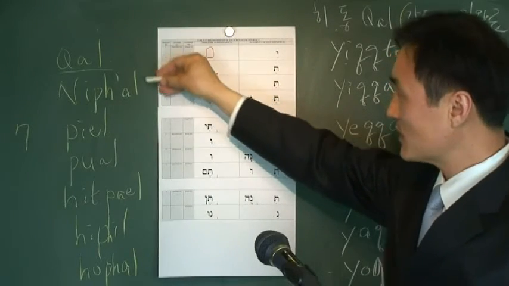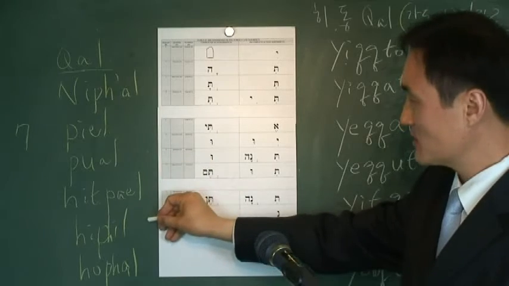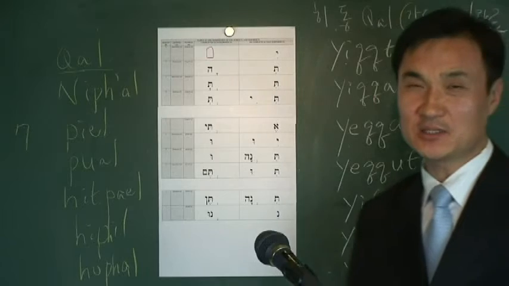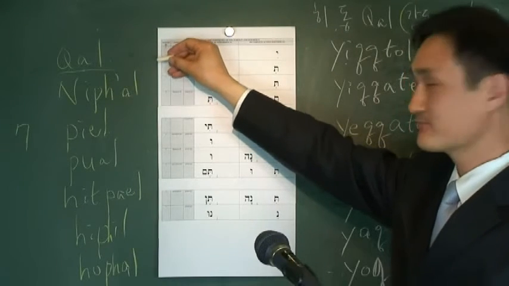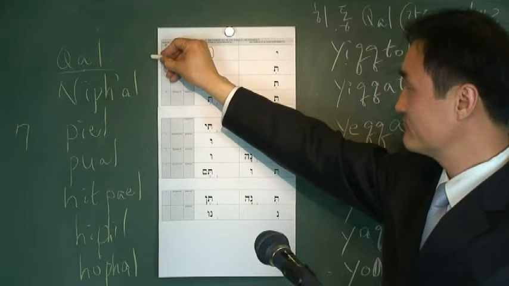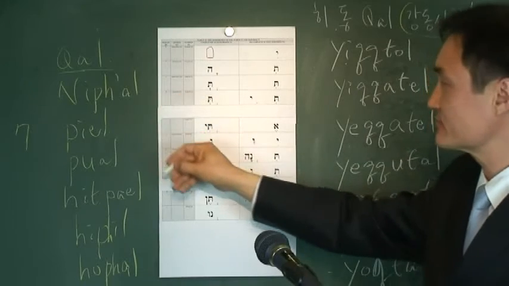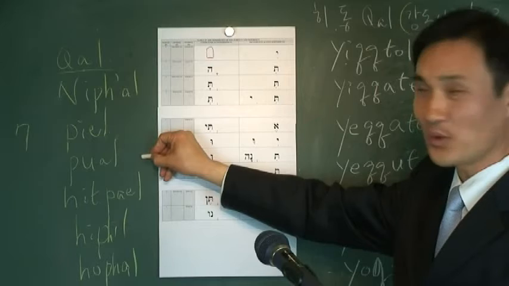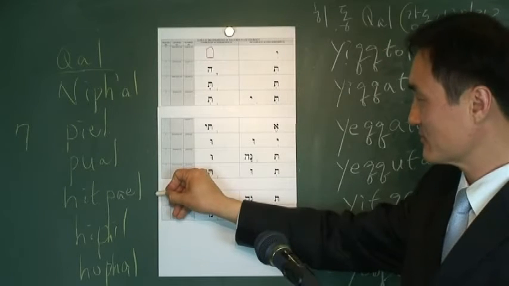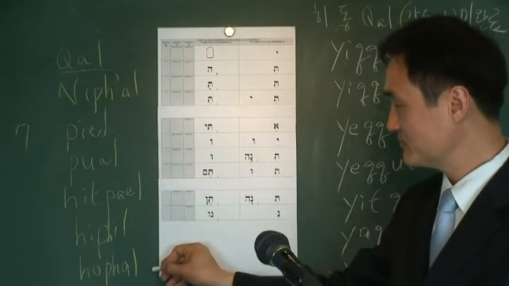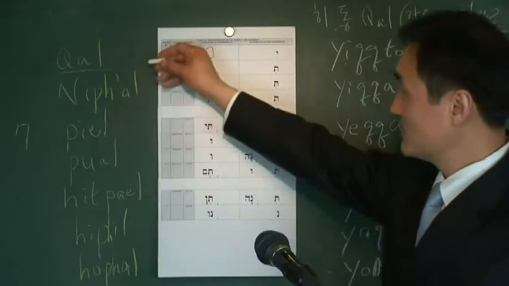The kal, the nifal, the piel, the pual, the hitpael, the hifil, and the hofal are simple and active, simple and passive, intensive and active, intensive and passive, intensive and reflexive, causative and active, and causative and passive, respectively.